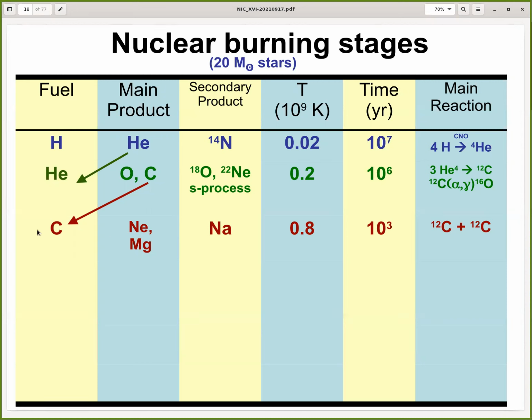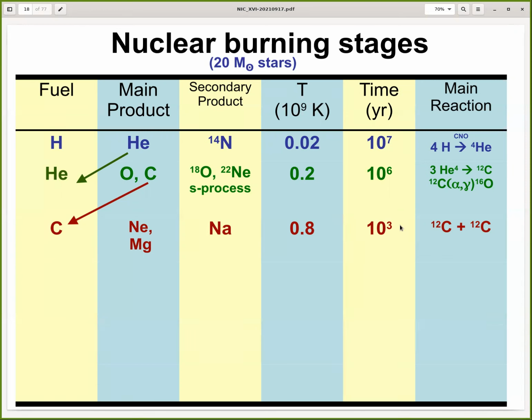The next is carbon burning, which makes as main products neon and magnesium. There is also a side product, maybe a little bit of sodium along the way. The burning temperature is of the order of 800 million to maybe 1 billion Kelvin, and the time scale is reduced by a factor of 1,000.